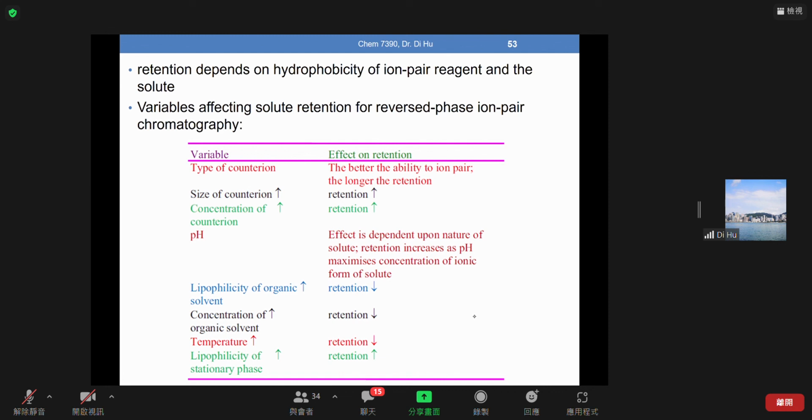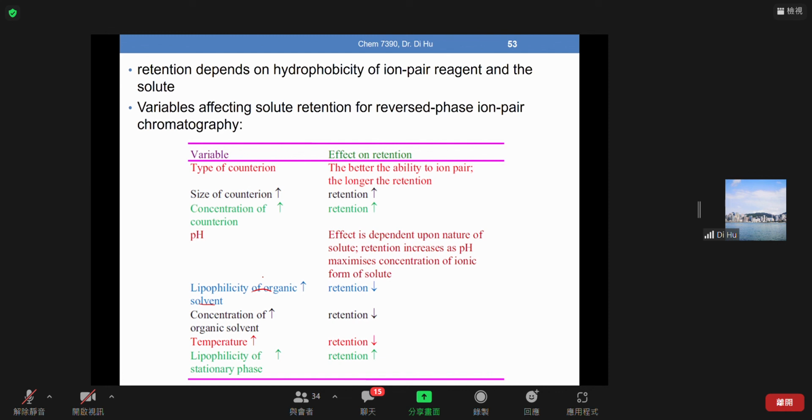If the pH maximizes the concentration of the ionic form, that can increase retention, because then it is 100% ionic, available to form this ion pair, so the new compound can be retained. And also the organic solvent: when the mobile phase becomes less polar, the k value will decrease, right, because it has stronger elution power to elute those nonpolar ion pair species out.